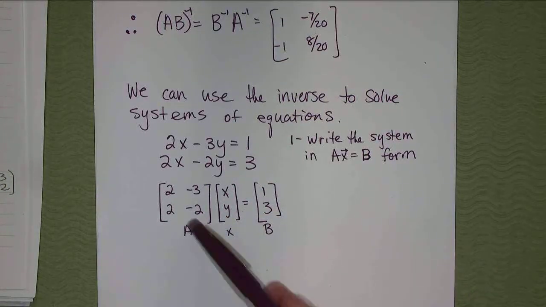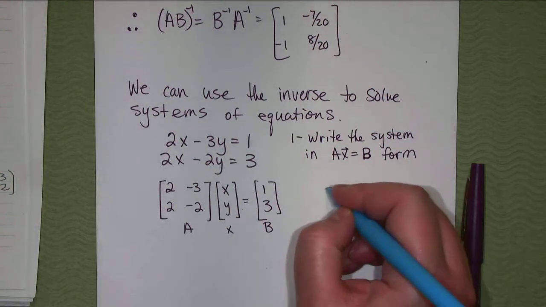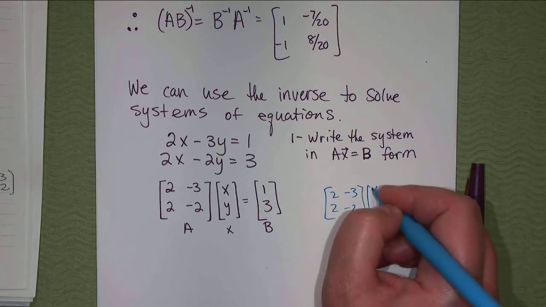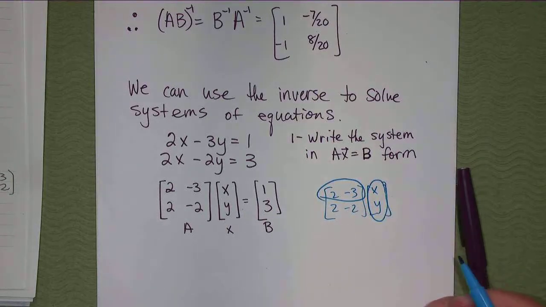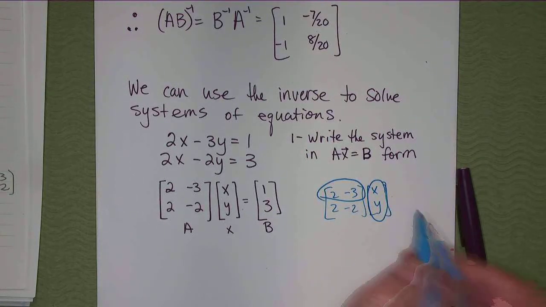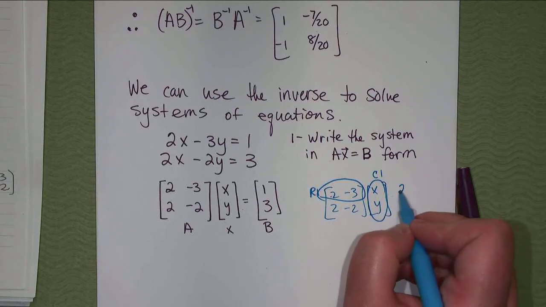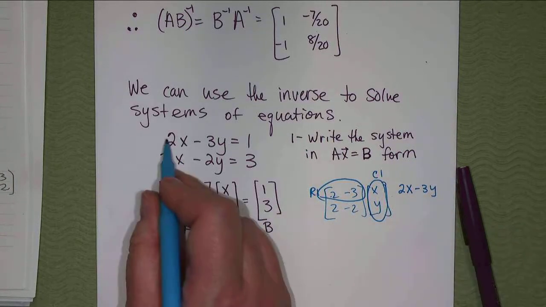This is just a multiplication. If we were to multiply, I'm just going to write it off to the side because I don't want to mess that one up. You take row 1 and you multiply it by column 1. So you'd have 2 times X plus minus 3 times Y, and that gives you 2X minus 3Y.